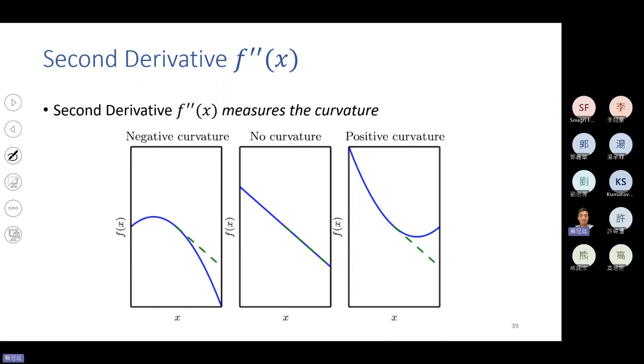Okay, so the second derivative can measure the curvature. This is a negative curvature, so it faces downward, or no curvature at all if your second derivative is also 0, or positive curvature if your second derivative is positive.